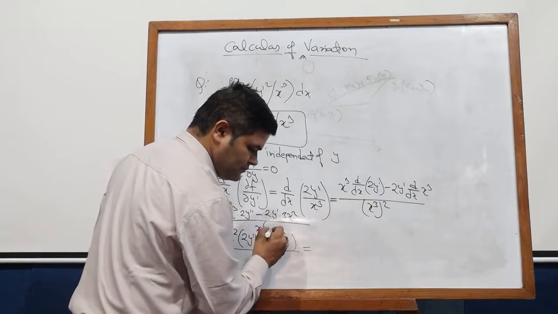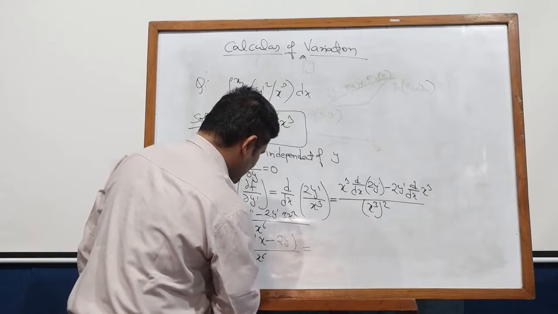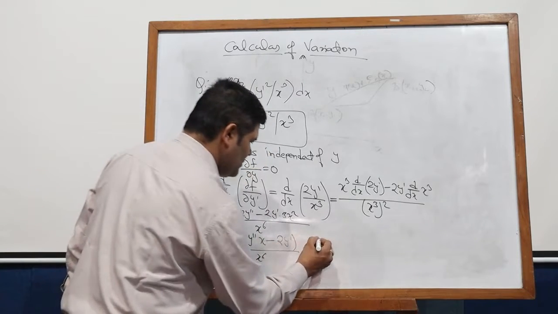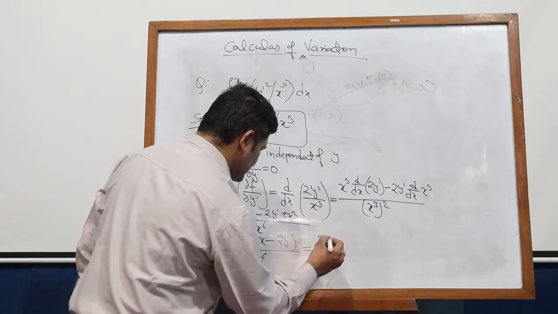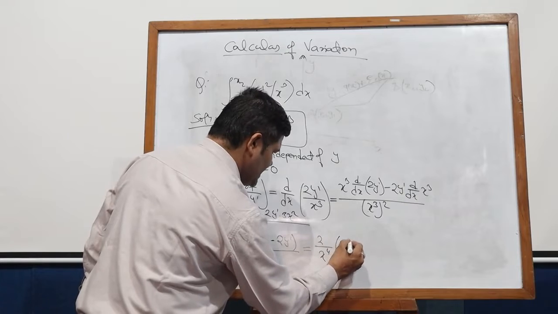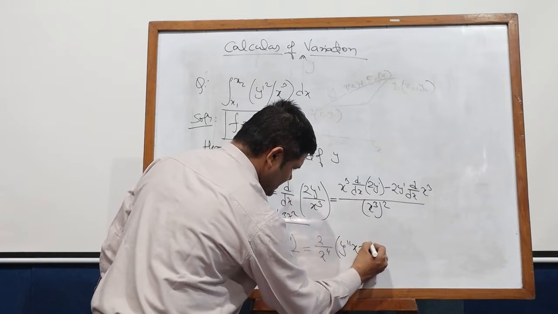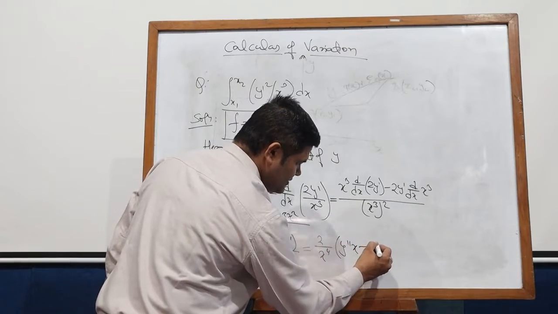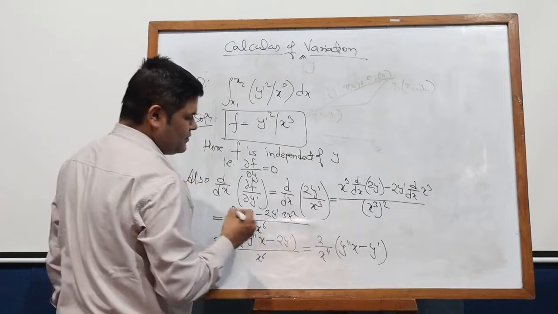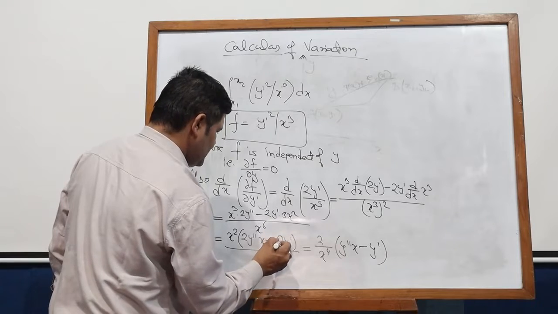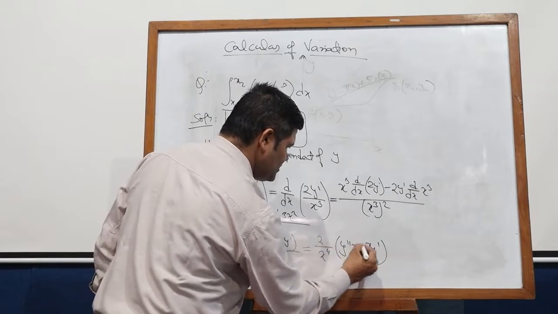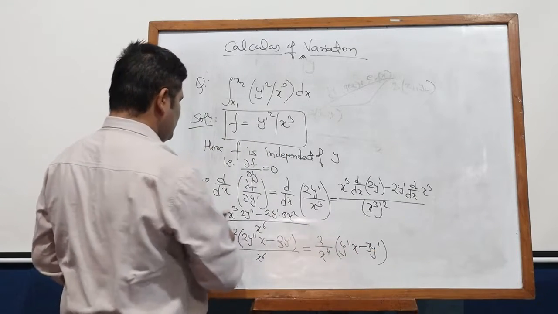Then we also keep 2 common, so 2 upon x to the power 4, then y double dash x minus 3y dash, sorry, here it is 3y dash. So we have this one.